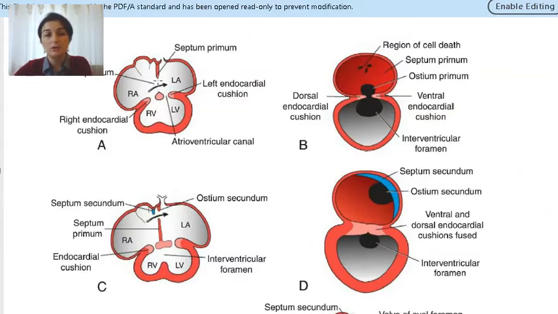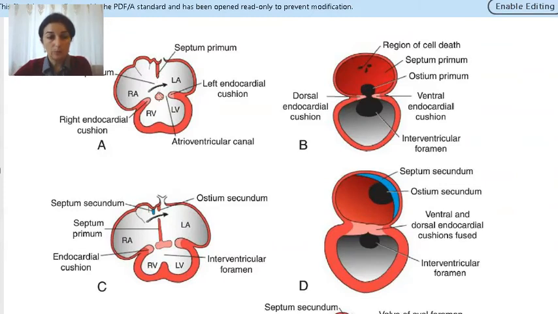That is the septum primum. That is the accumulation of cells that move downward. Then, as a result of growth of the endocardial cushions, the cells of the endocardial cushions move upward, and finally they will fuse with the free end of the septum primum.